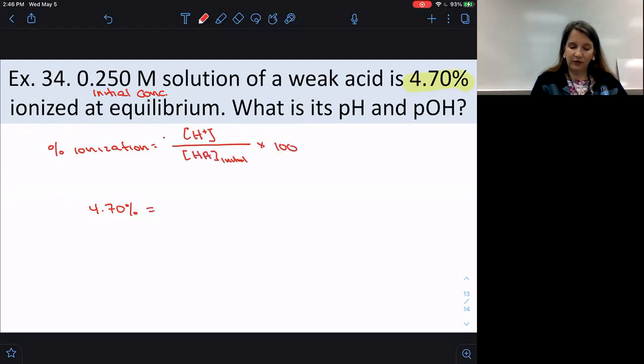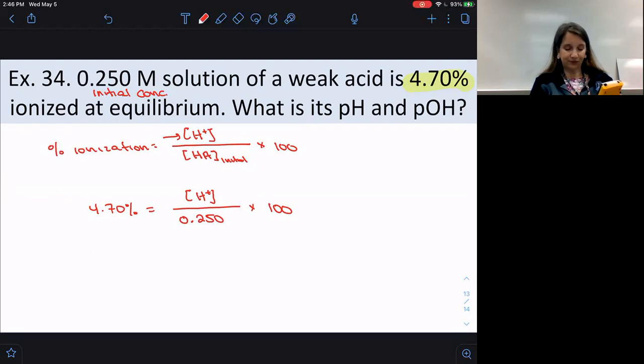So we're going to be looking for our H plus concentration. That's what we're going to solve for. That's our X. And our initial concentration was given to us in the problem, 0.250 molar, times 100. So we're going to take that percentage, 4.7, and we're going to divide it by 100 to get it into decimal form.